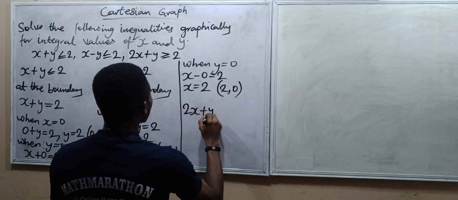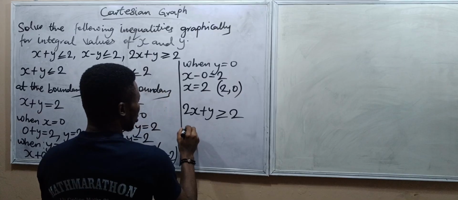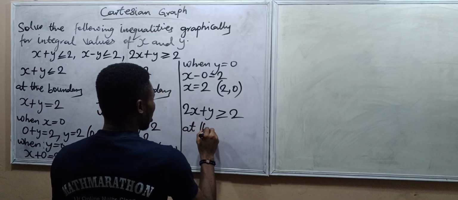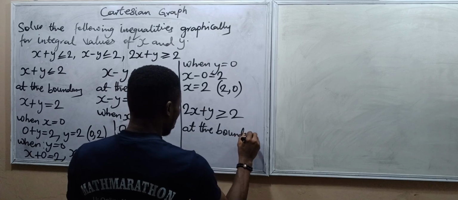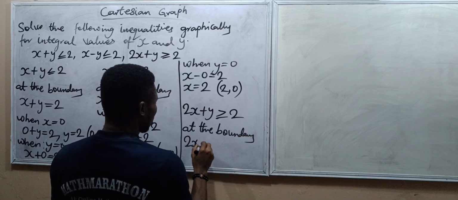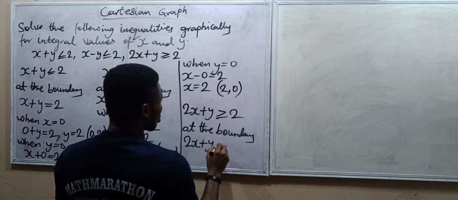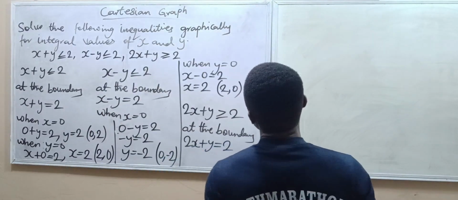Now for the last one, which is 2x plus y is greater than or equal to 2. At the boundary, 2x plus y will be equal to 2, right?